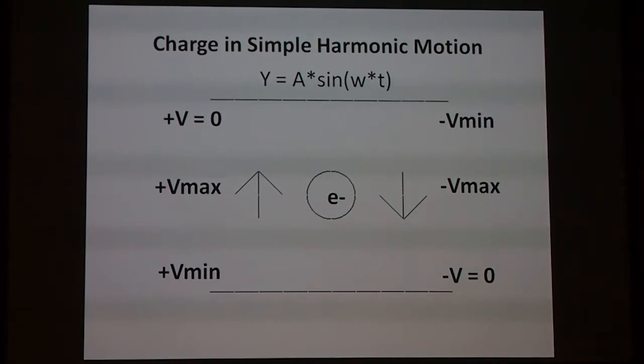So this is a more simplified version of how we can describe emission, because we saw before that an electron spins and it stores energy in its tangential velocity. Here, if we have a charge in simple harmonic motion, it can bounce between these two different boundaries. At one instant here it's going to have zero velocity and then it's going to be accelerated downward. As it starts its acceleration, it's going to have a minimum velocity.